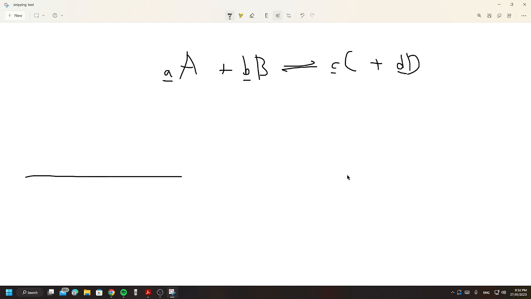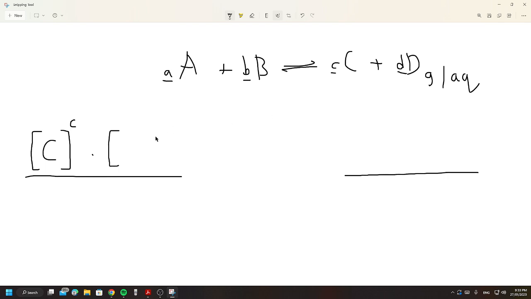So for concentration, we represent it like this. It's going to be with brackets, and you have to write down the brackets because these brackets represent concentration, okay? Concentration of the product C to the power of the coefficient times concentration of any other products. And we only write down chemicals in the reaction that are either gases or in the aqueous state, so in a solution.